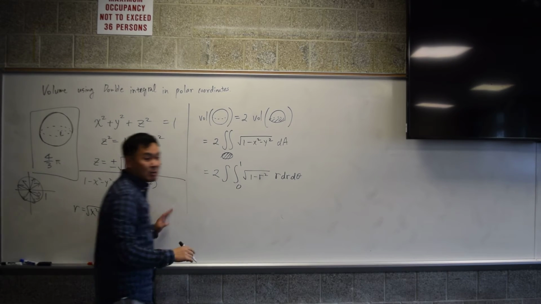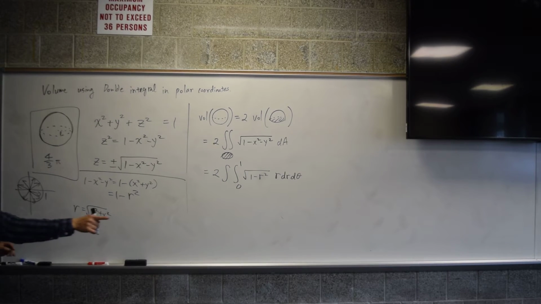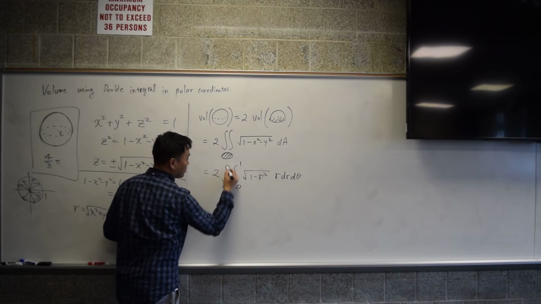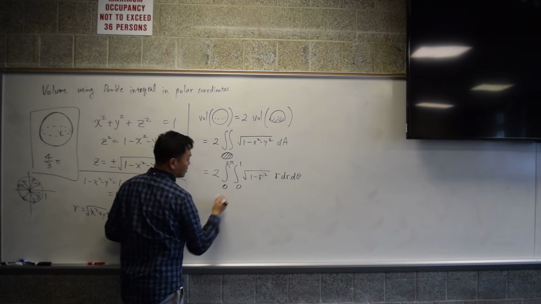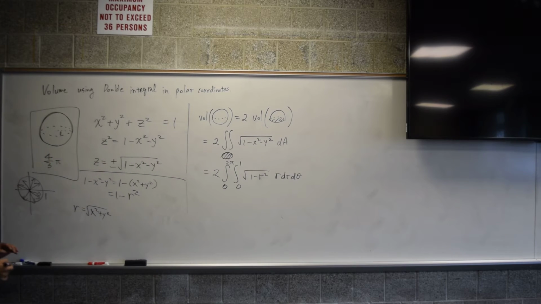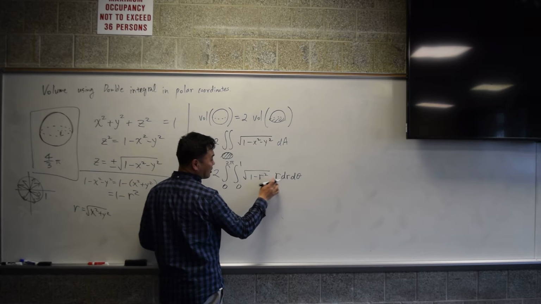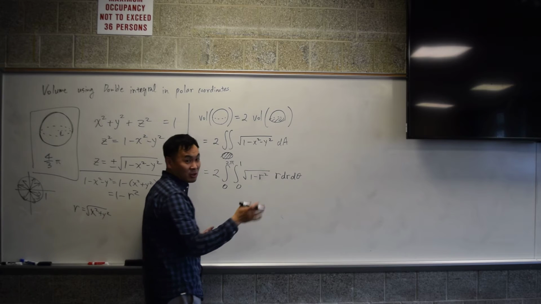How about your angles? It goes from 0 to pi. So that's the integral. And that's a lot easier because now you can take the u substitution with u being this, and this r will vanish because of the u substitution.